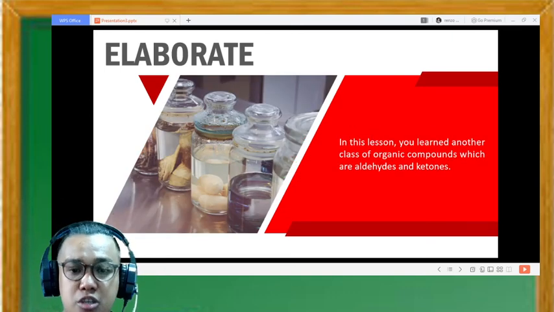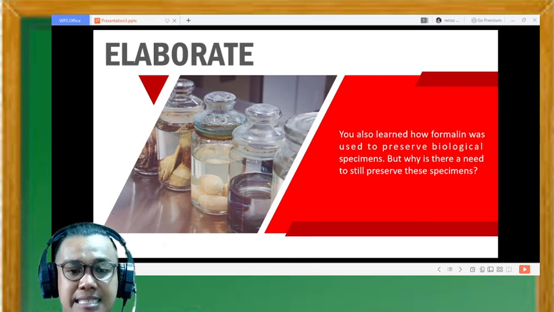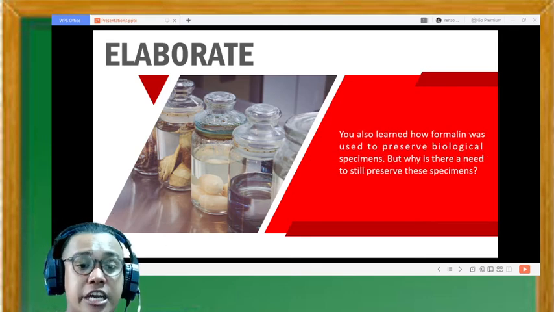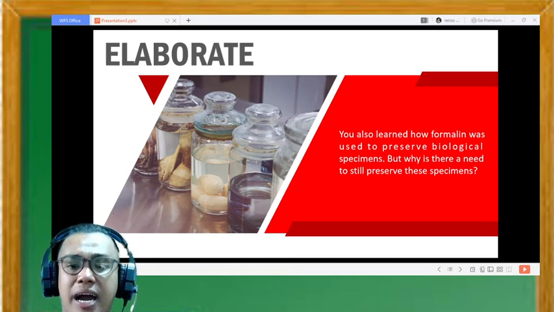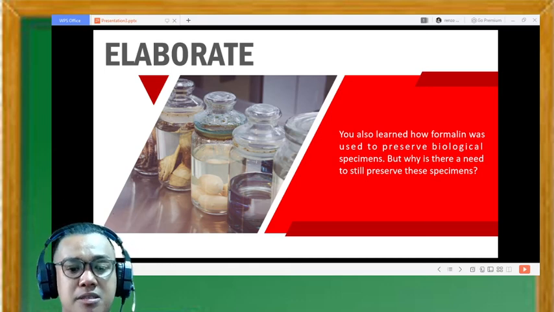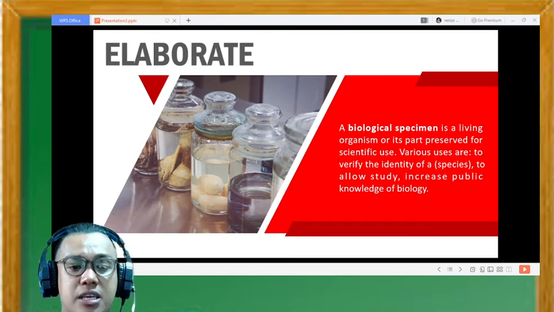In this lesson, you learned another class of organic compounds, which are aldehydes and ketones. You also learned how formalin is used to preserve biological specimens, but why is there a need to preserve these specimens? Biological specimens are living organisms or their parts preserved for scientific use.